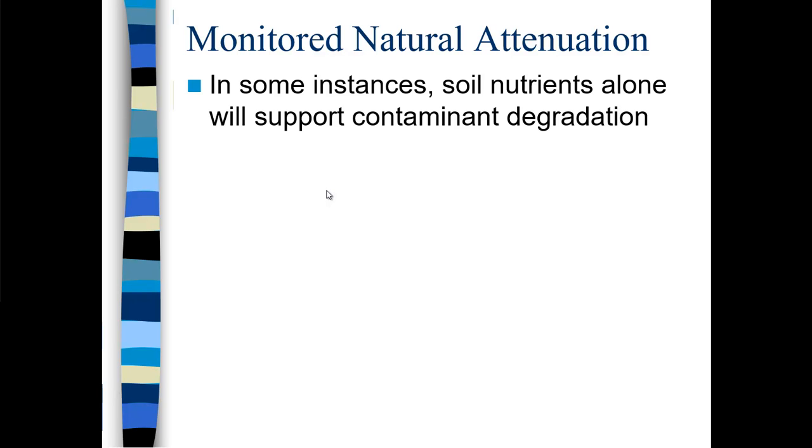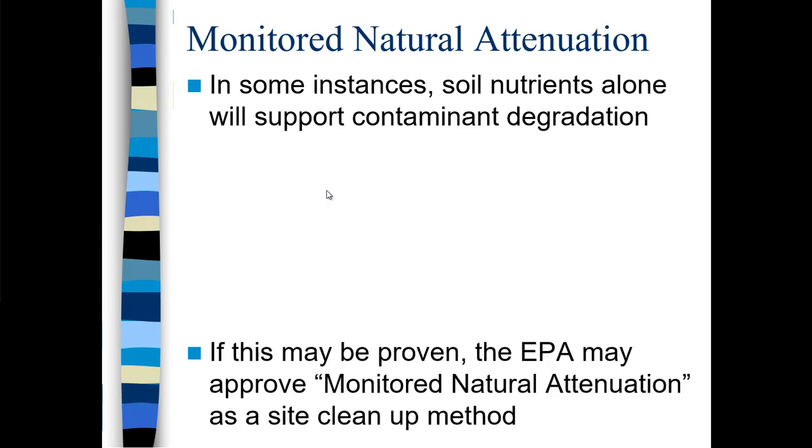If you monitor the site and you don't do anything, you don't recirculate the groundwater or anything like that, then you can just monitor the progress and see how long it takes to degrade the contaminant. You could let the site sit for a number of months, maybe even years, and then see if the contaminants are degrading over time.